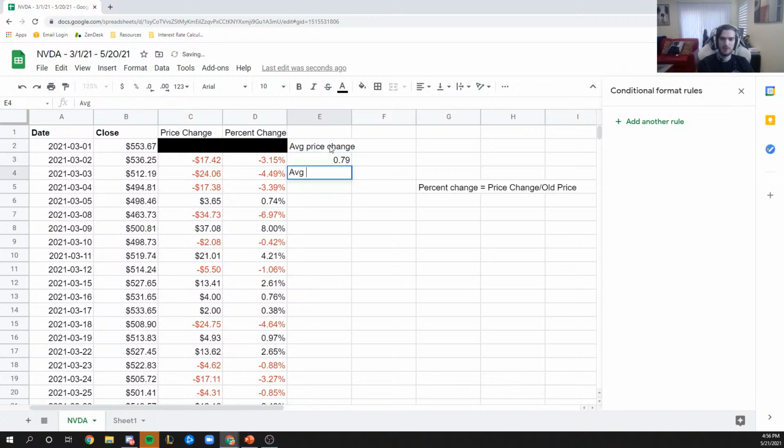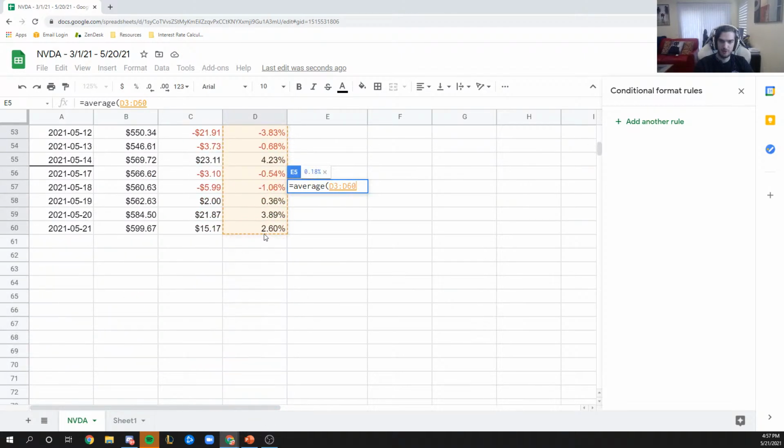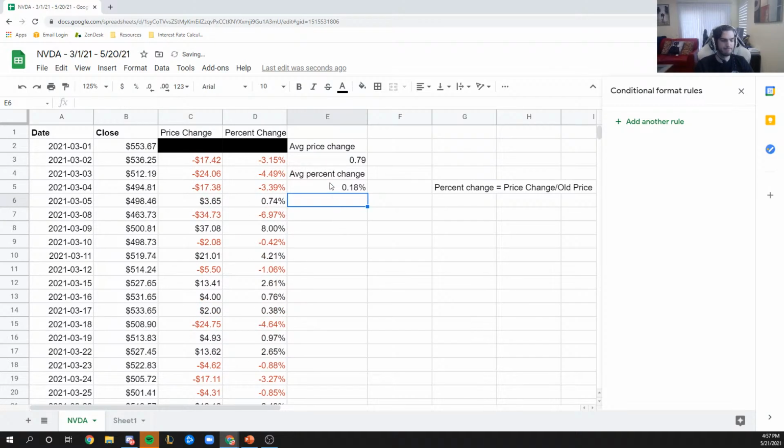But what if we want the average percent change instead of the average dollar change? Before I do anything, let me convert that to a percent. We're going to do the same thing. Average, take the first, drag all the way down, close it off, ta-da.